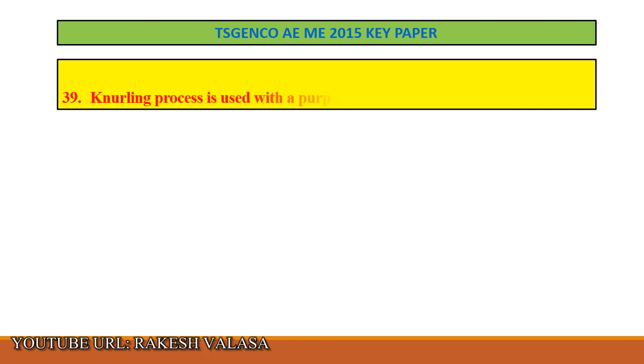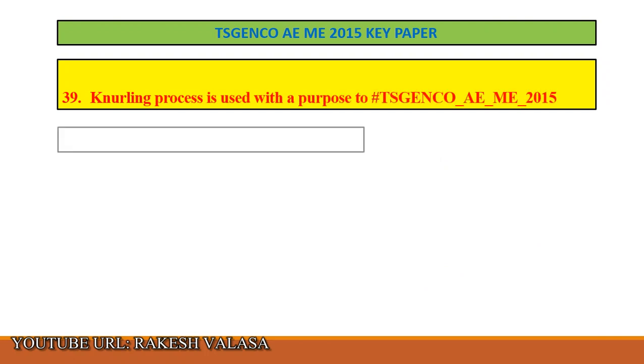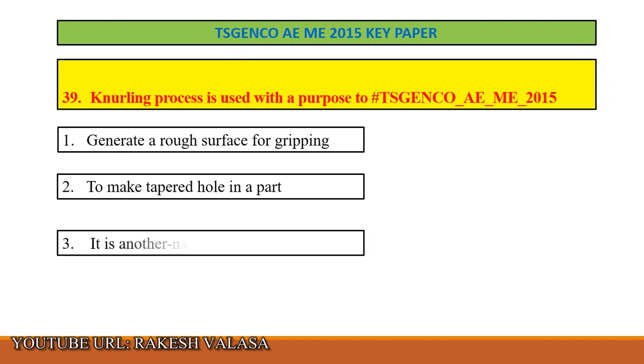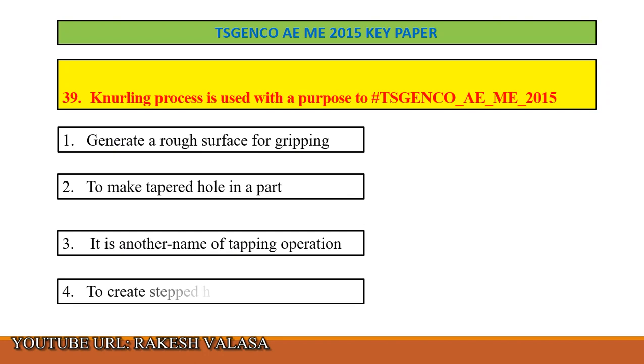Question number 39. Knurling process is used with a purpose to: option 1, generate a rough surface for gripping. Option 2, to make a tapped hole in a part. Option 3, it is another name of tapping operation. Option 4, to create a stepped hole in a part.